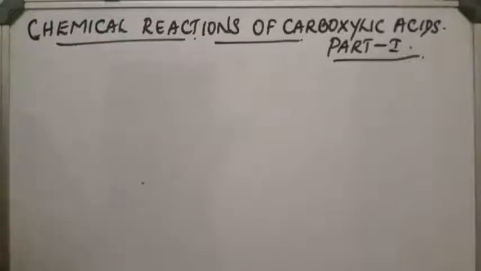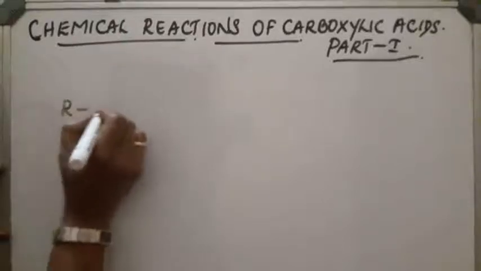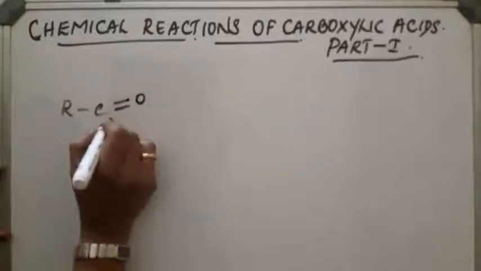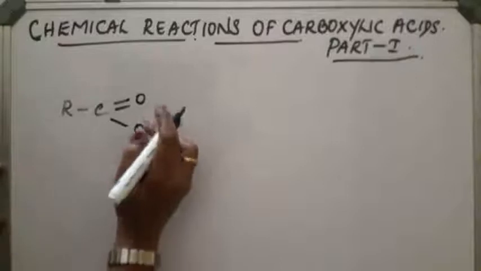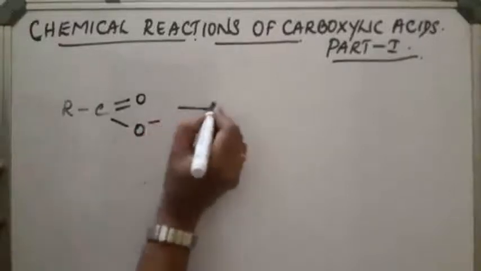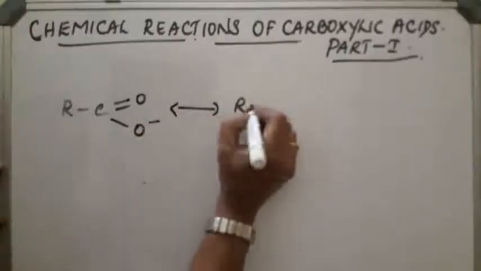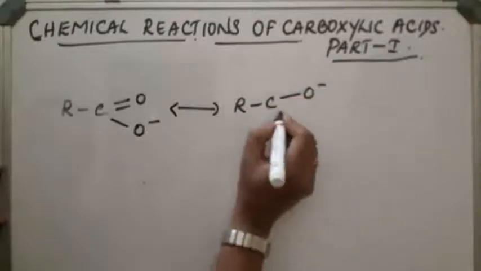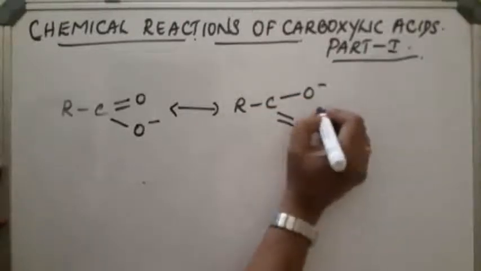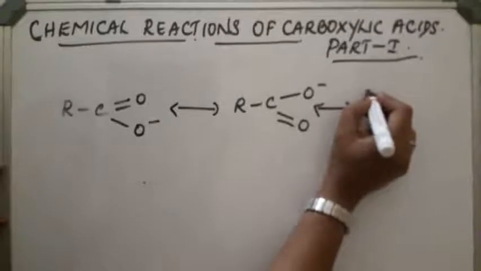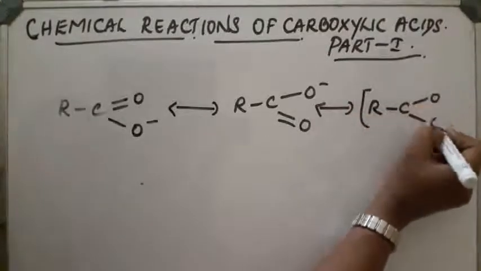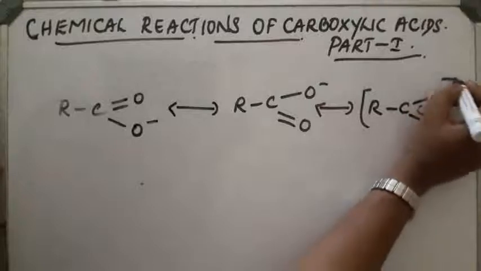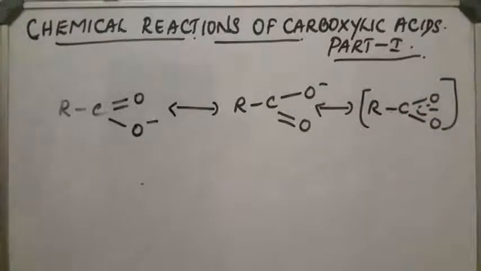Then they are resonance stabilized, like this: C double bond O minus, then O minus double bond O. So the carboxylate ion is resonance stabilized.